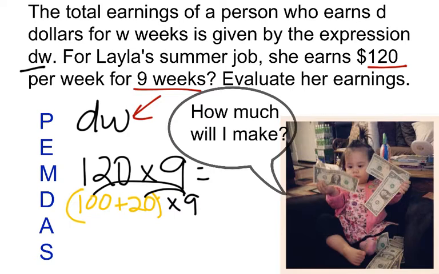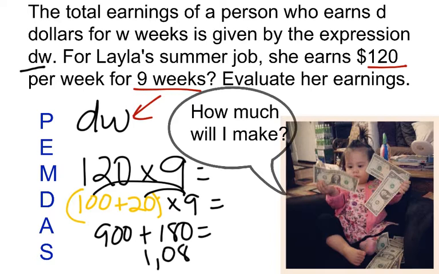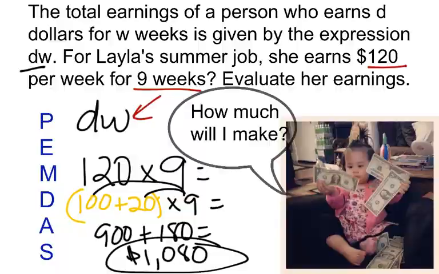So, of course, 100 times 9 is 900, and 9 times 20 is 180. 900 plus 180 is $1,080. So Layla would make $1,080. I've modeled using the distributive property. You can go back to other tutorials to get extra help in that. But if you just multiplied up and down 120 times 9, you would have had the same answer.